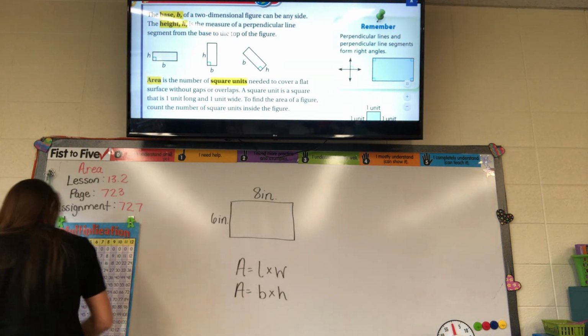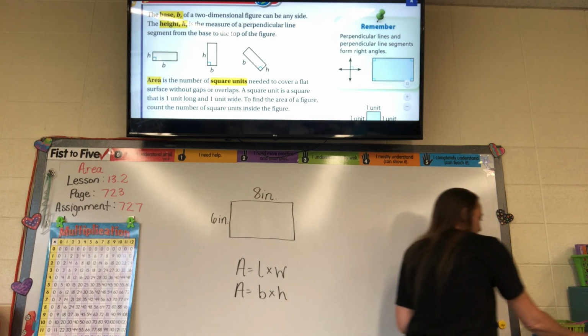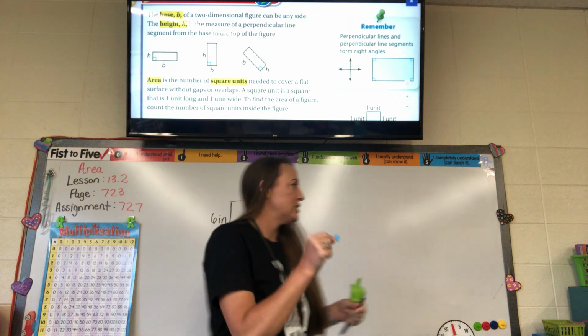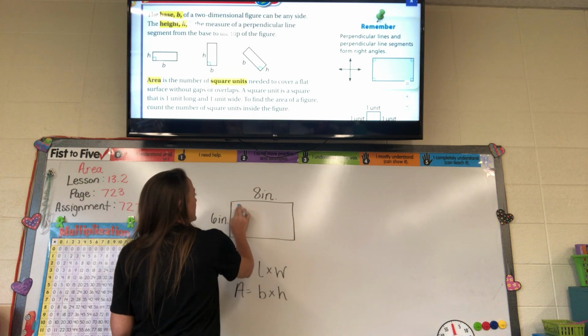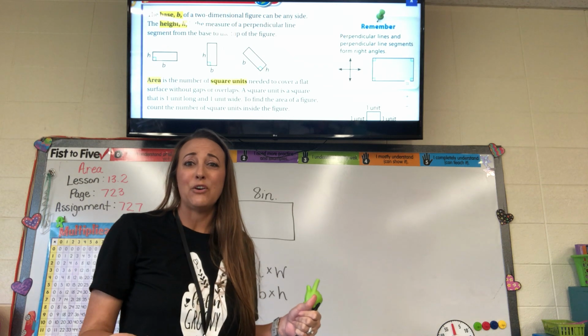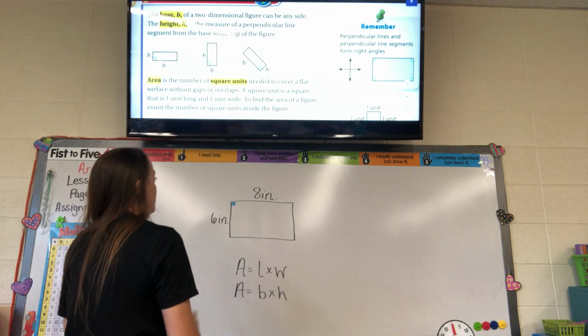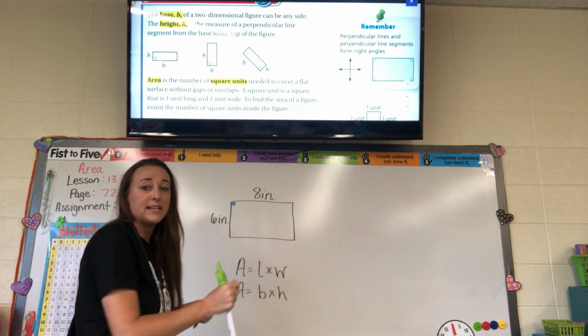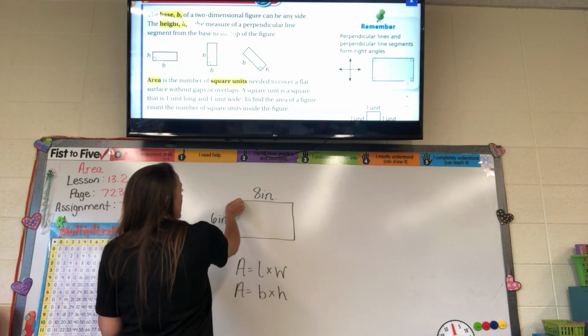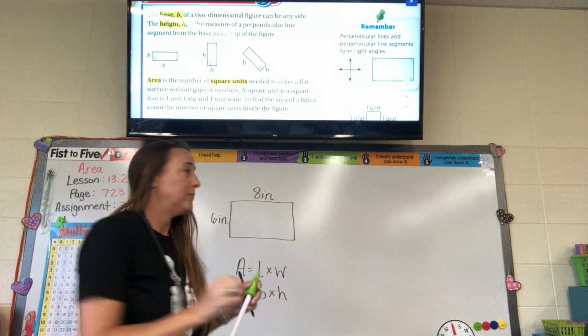And we use a square unit, similar to one of our little base 10 blocks. So to find the area, we're figuring out how many of those little squares would fill this up without gaps or overlaps. So if this were the square unit we were talking about.